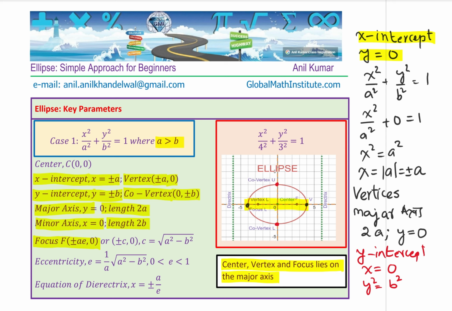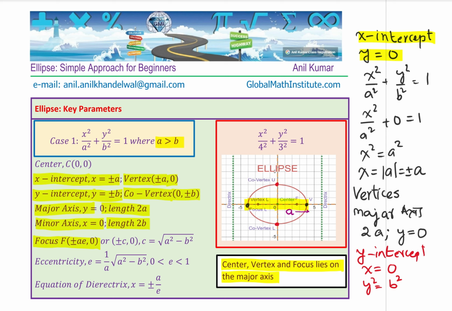The formulas which we have in this model help us to find all these points very easily. You don't really have to remember them. But see here, we know a and b from the equation itself, or if I am given the graph, I can see the distance between the two vertices, divide it by 2, and get a. So as you can see here, a is from the origin to the vertex V, right?